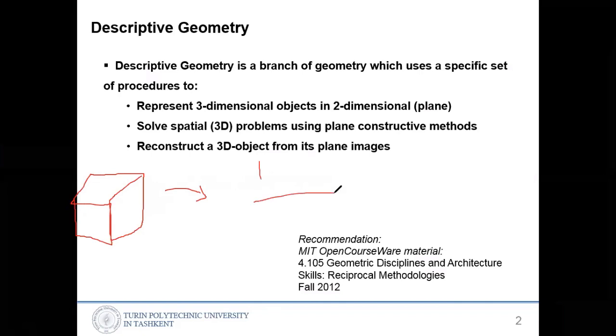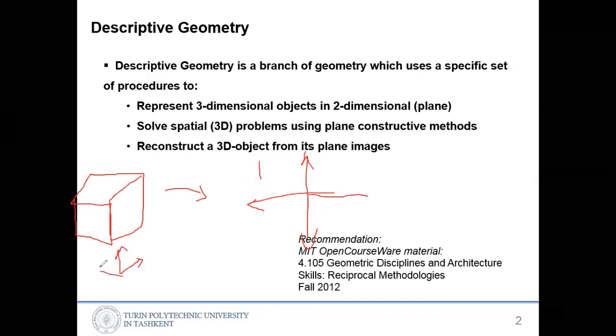For example, we will draw axes: that is the x axis, that is the y axis, that is the z axis. That is the 3D space in reality, but paper is a 2-dimensional space.